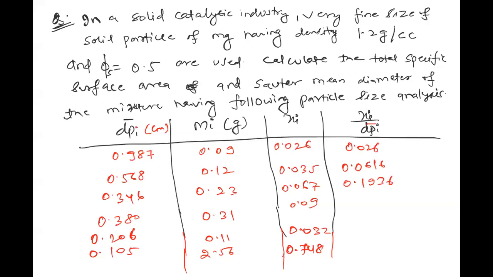I'm just rounding off. And 0.236, and it will be 0.155, and it will be 7.12.